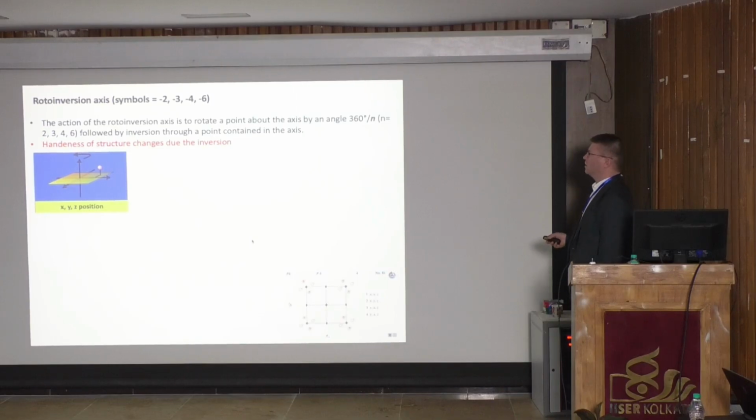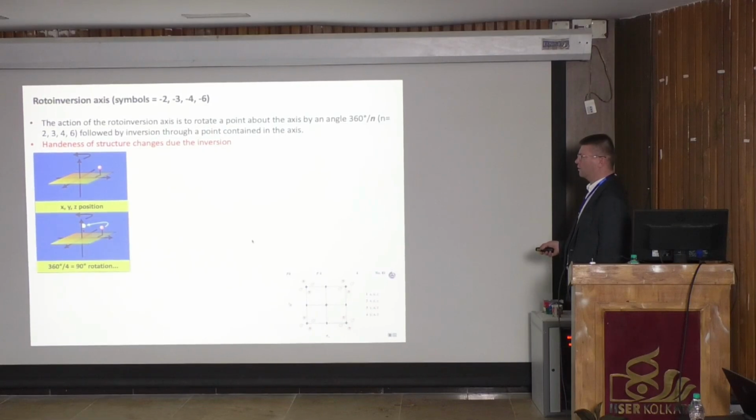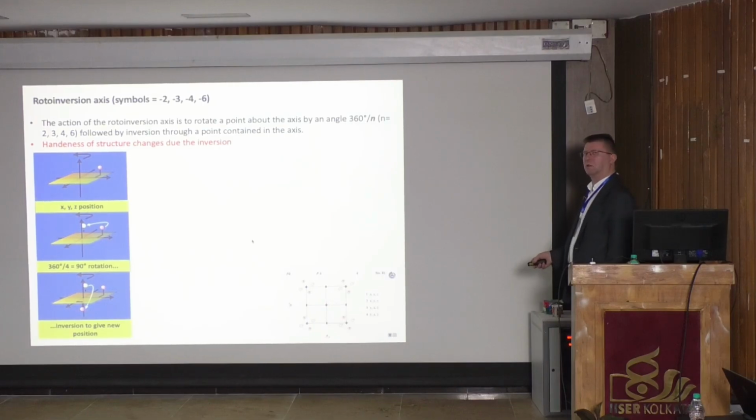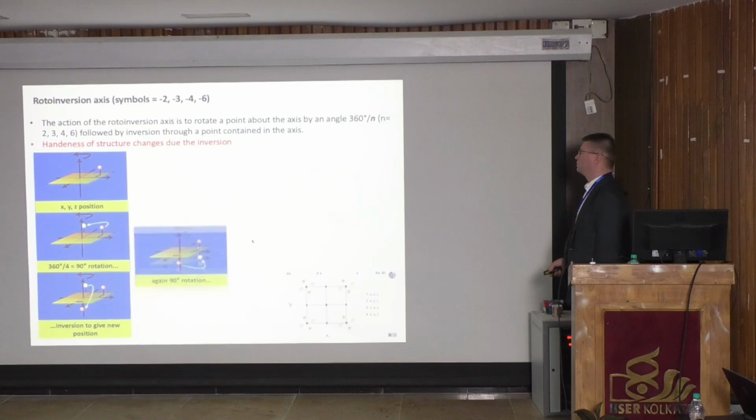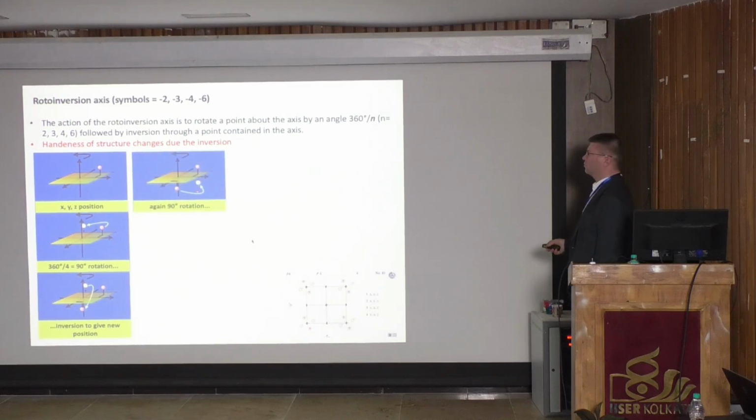And the idea is that now the handedness will change. So we start from here, we rotate like this, and then reflect or invert through the center. So it goes here. And at the same time, the handedness will change. Now again, rotation 90, we go here.